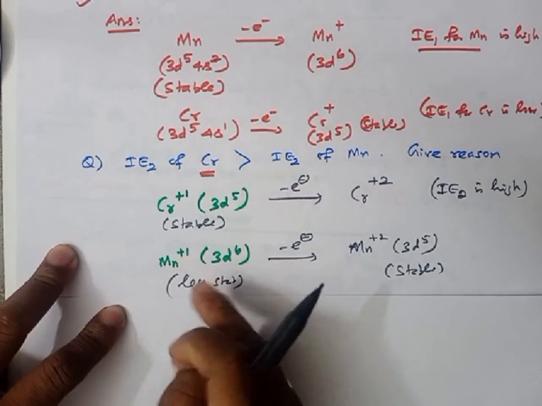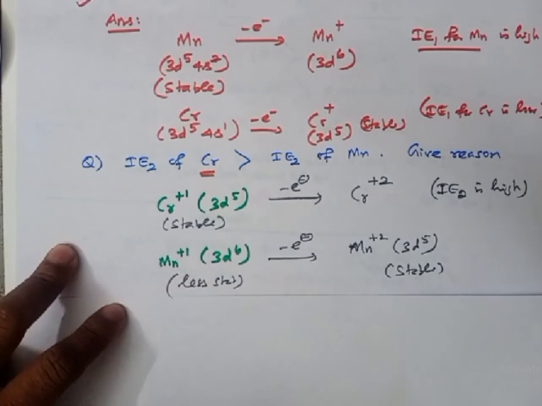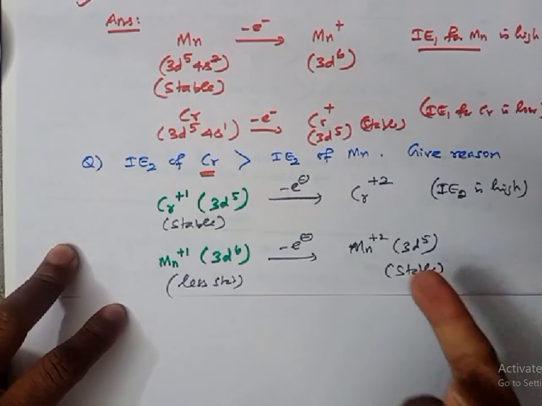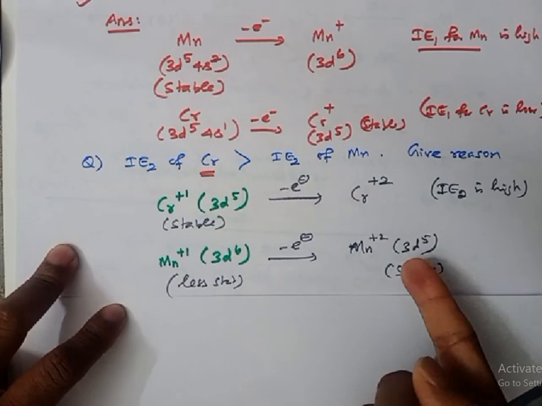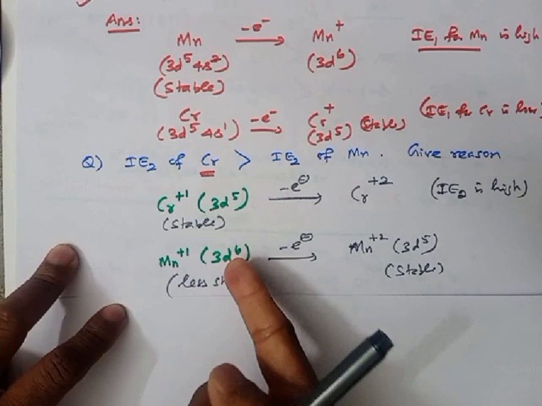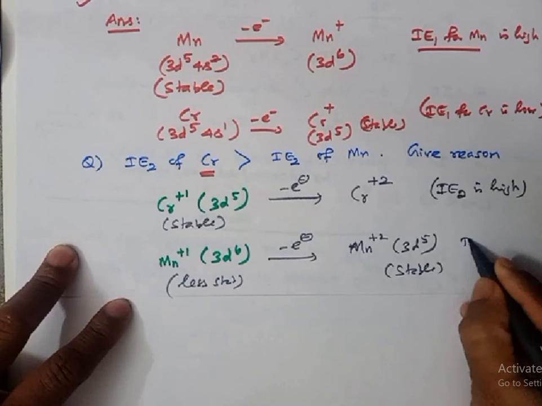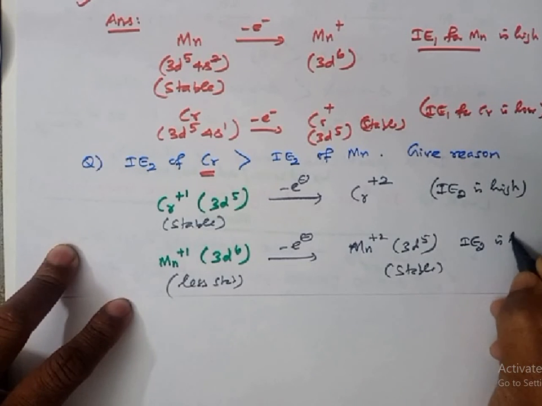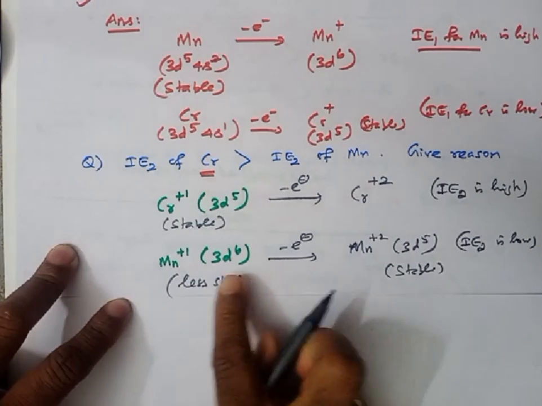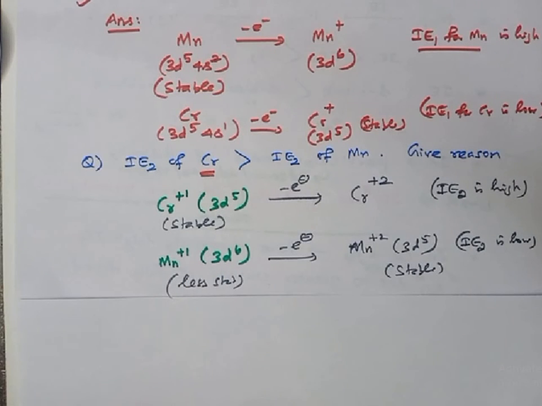The ion itself is ready to give an electron because it is less stable. By donating an electron, it goes to a more stable state. Therefore, the energy required for the removal of an electron from here is less. So the second ionization energy is low in the case of Mn plus 1. Is this clear, student?